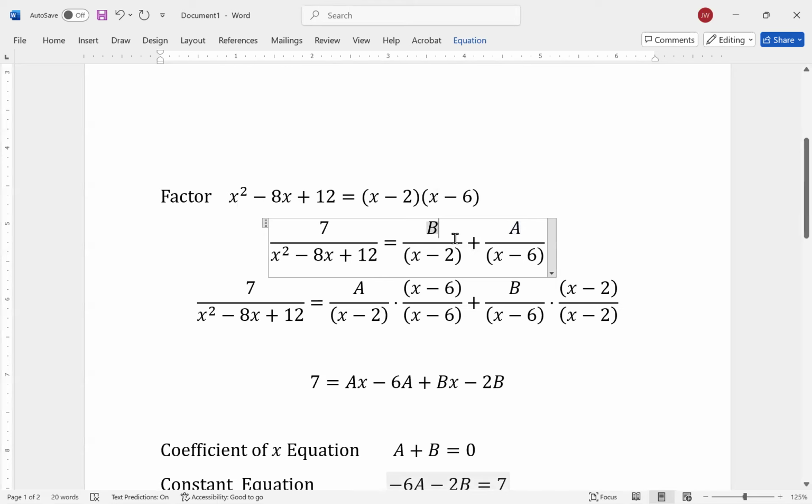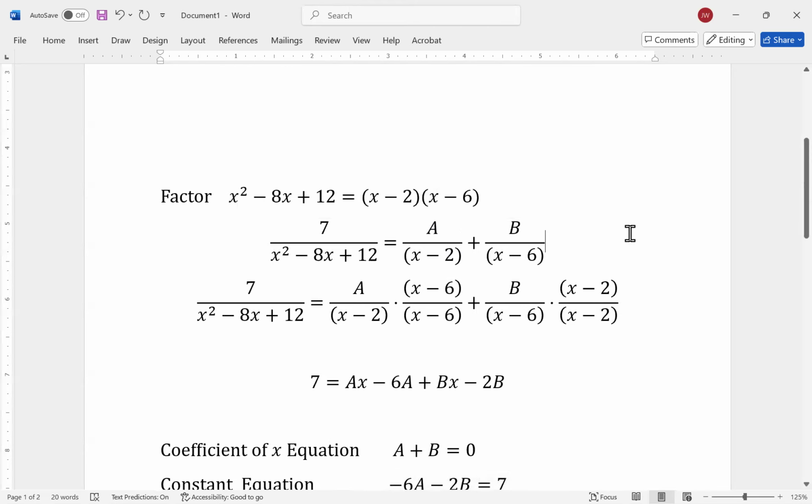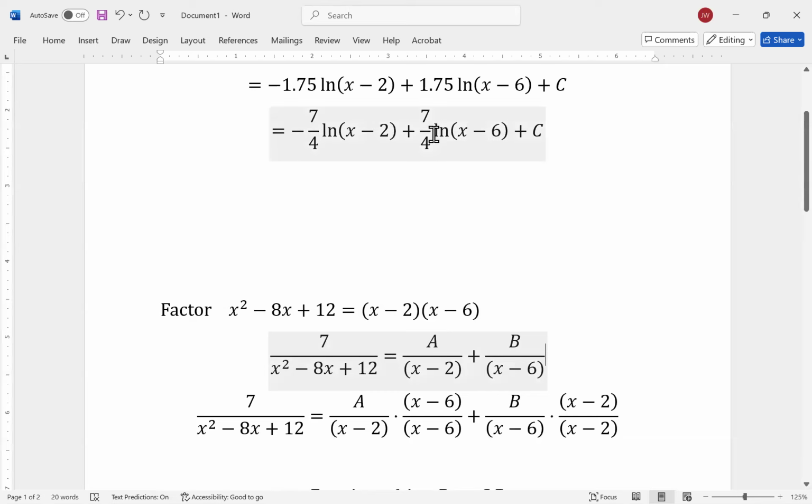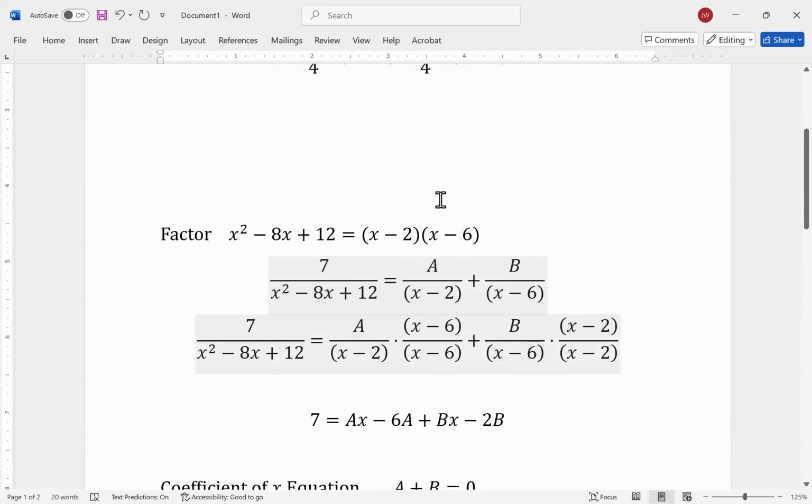So regardless of which one you write first, you'll get the exact same answer in the end, just your roles of a and b will be reversed. I wanted to point that out because oftentimes when people solve this, if they factor and write the x minus 6 first and the x minus 2 second, then their a and b may be flip-flopped from my a and b.